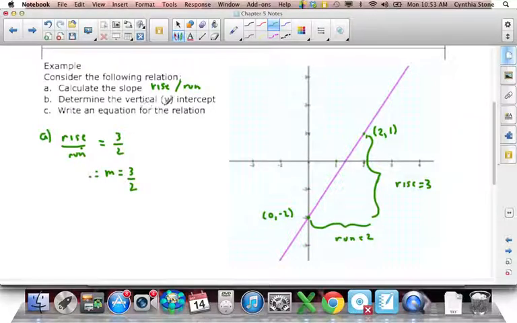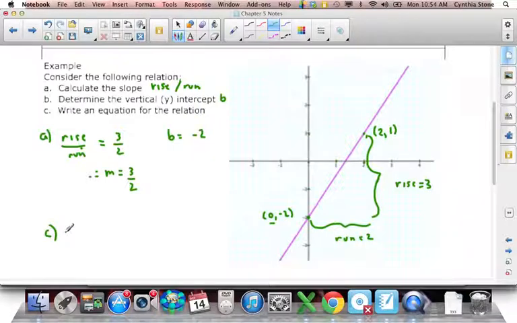Okay, the vertical intercept. Well, that's b, right? And the y-intercept, again, is the y value where x is 0. So here, this line represents x equals 0. And on this graph, when x equals 0, y is -2. So b equals -2. So write an equation.